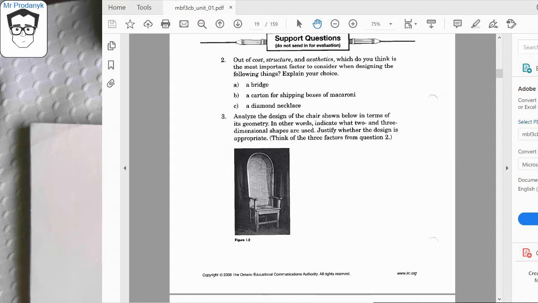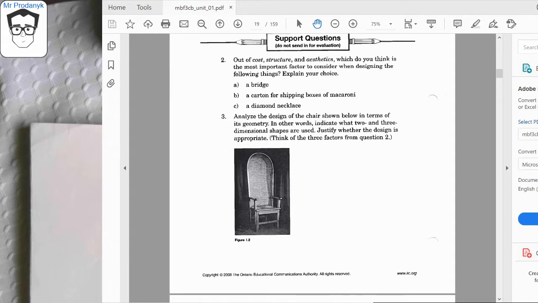So structure is equally as important as the cost. And then aesthetics, if the architect or the civil engineer who's going to design that wants to work in some aesthetics as well, I would say that would be the least important of those three factors.